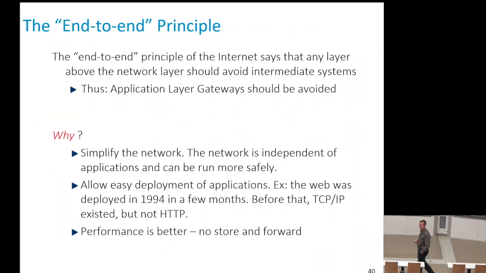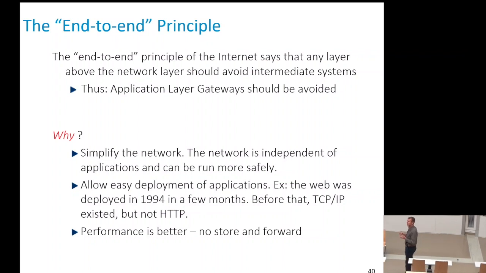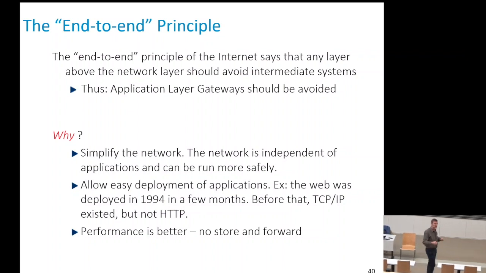But in general, the philosophy of the internet, if you remember from the very first day of this course, we saw that the internet was built on the principle of packet switching, which defeats the purpose of this. If we do packet switching, we can transfer information from A to B end to end. So this has been formalized in the internet architecture and design in the form of what is called the end-to-end principle.